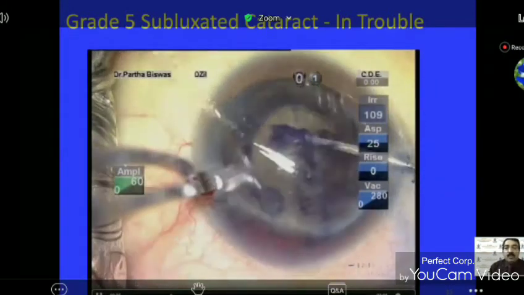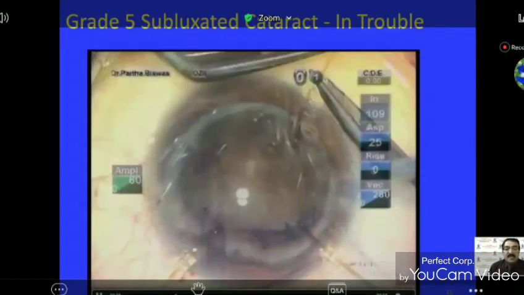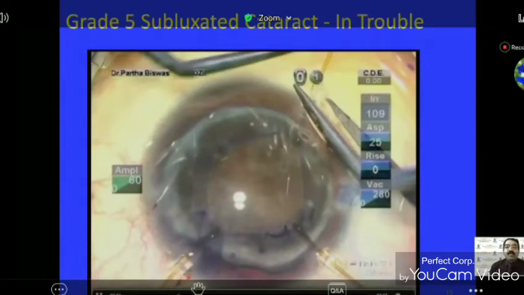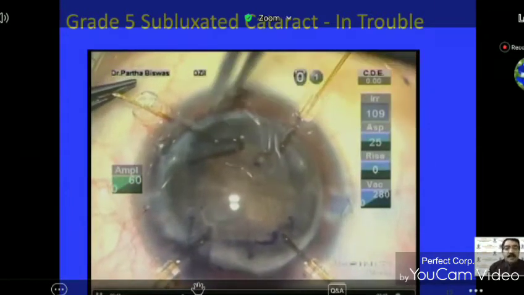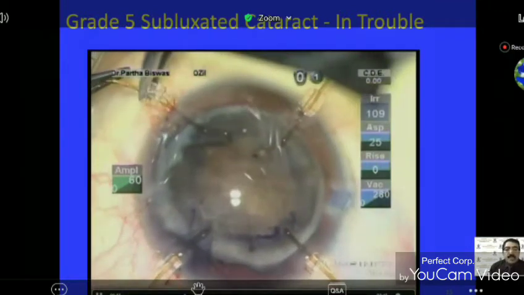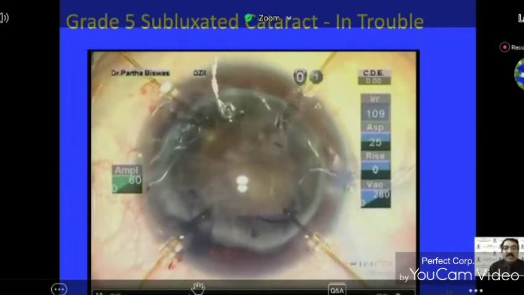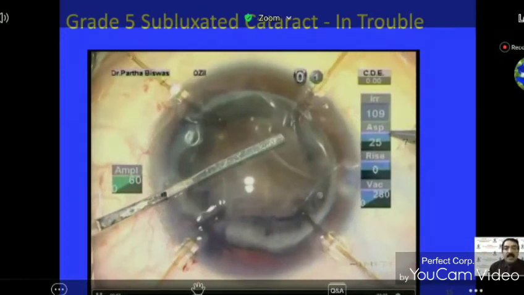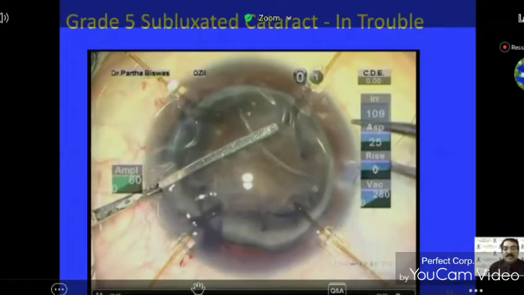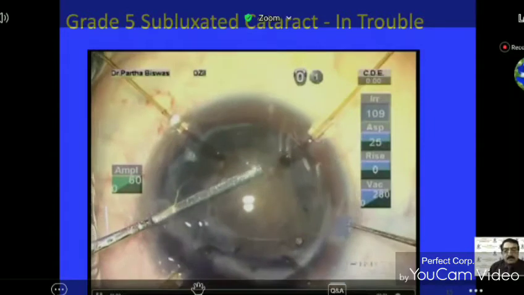So it is important to have a capsulorhexis in place, and of course, because of the large subluxation, we need to put in the capsular hooks. The capsular hooks, as you can see, are very atraumatic and can hold these capsules nicely in place, and then placing the CTR so that the luxation is as much as possible in control.